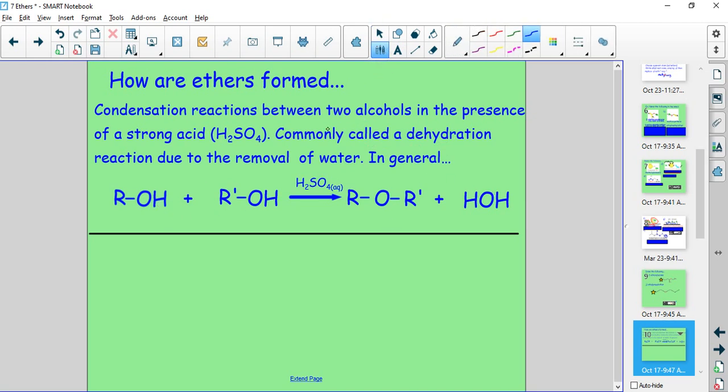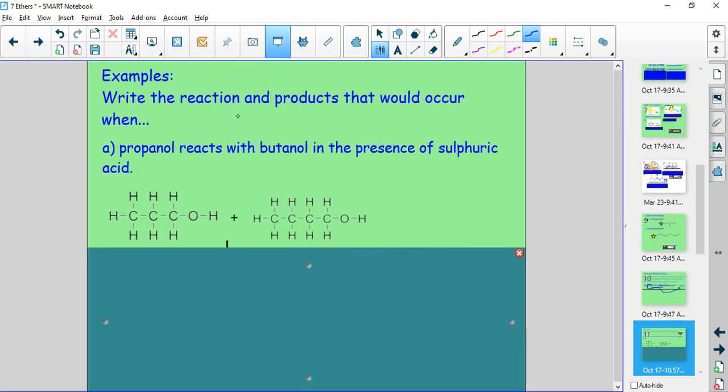So it's being dehydrated. Think of this as OH and H becoming water, right? HOH, and this creates an ether between the two alkyl groups. Okay, so a couple of examples.